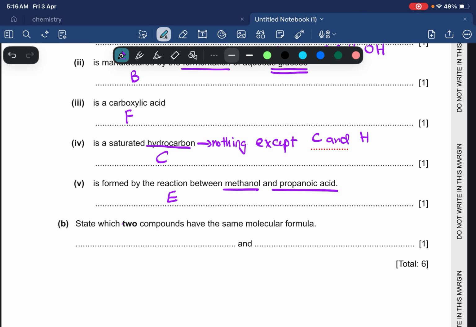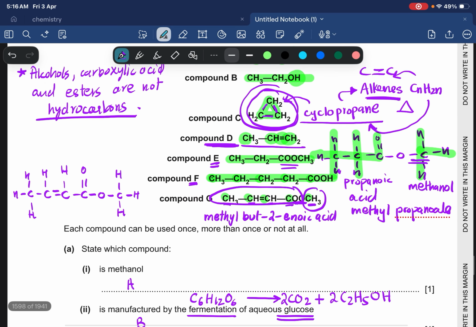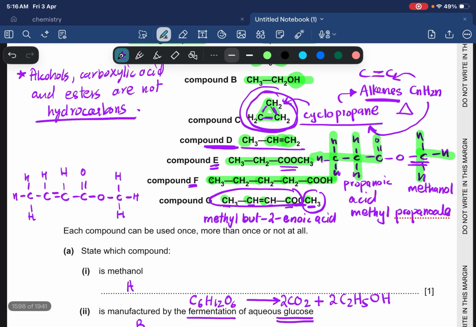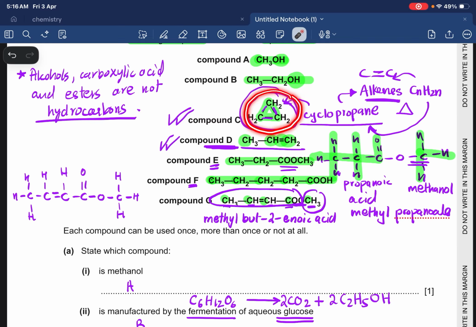State which two compounds have the same molecular formula. I just told you that alkenes and cycloalkanes have the same molecular formula. So this, despite being an alkane, has the molecular formula of alkenes because it's cyclo.